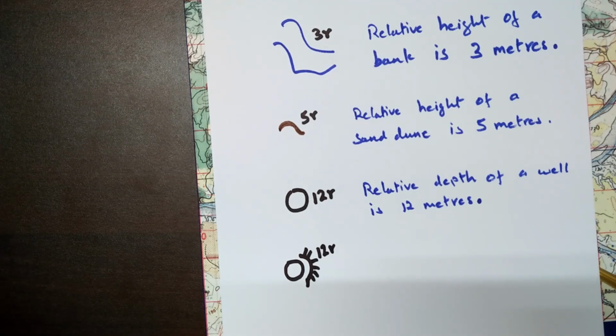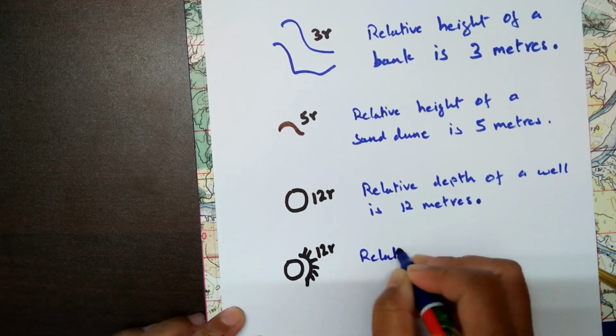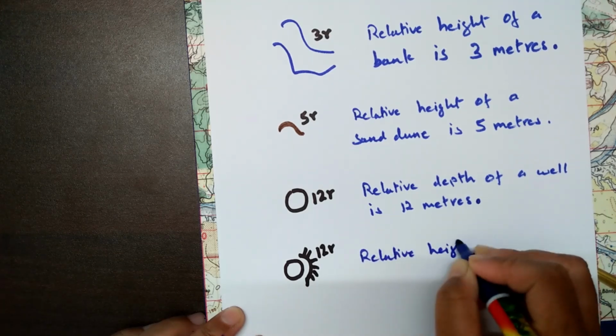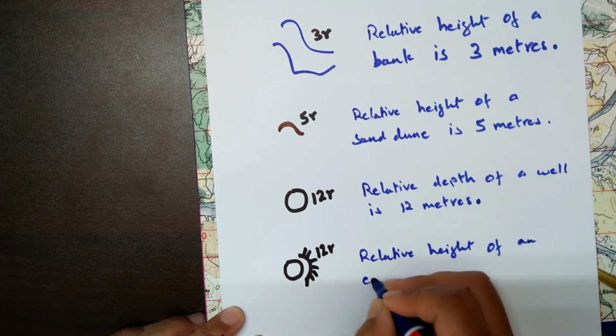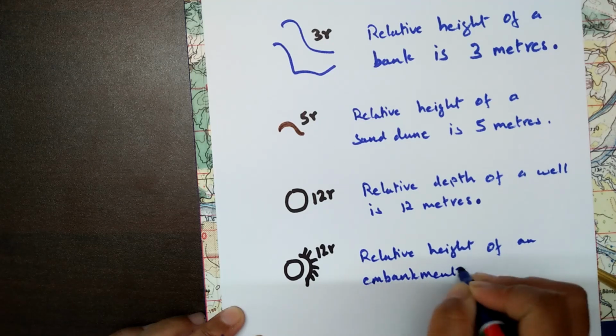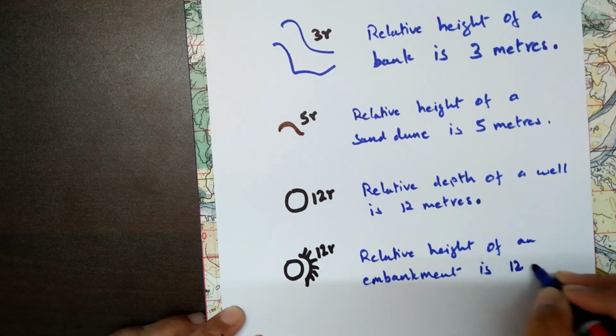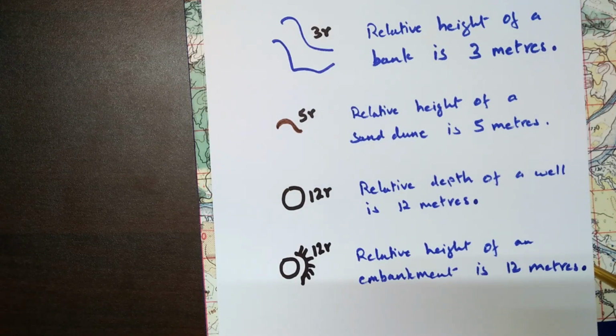So here it is indicating the relative height of an embankment is 12 meters.